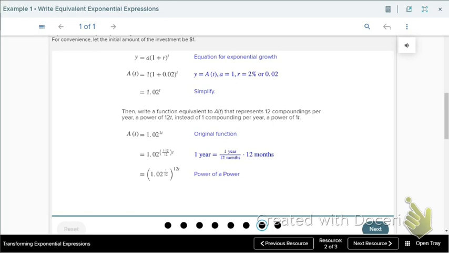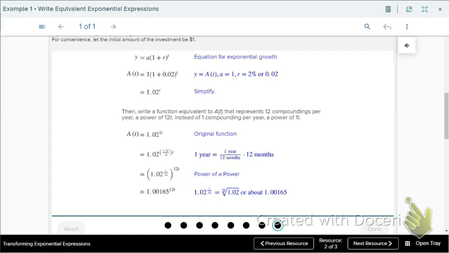Well, when there's a power raised to a power, we can multiply. So they took that 1/12 and tore it apart, and have the 1/12 inside the parentheses and the 12t outside of the parentheses. That's the same thing, because a power to a power, you multiply those things. If you're working backwards, you can see how they're the same thing.